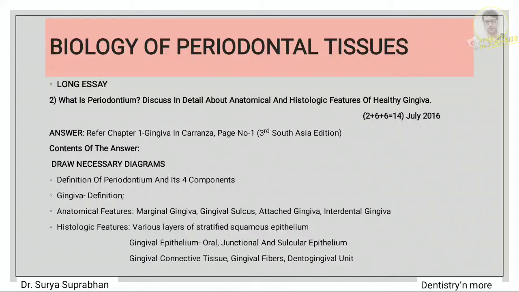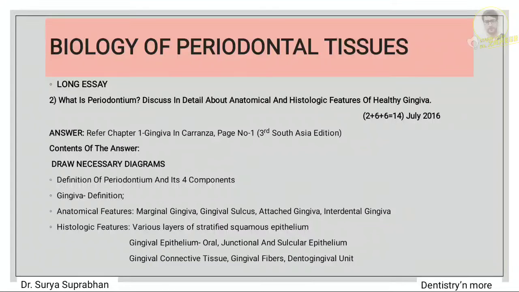Now coming to the second part, that is the histologic features. Histologic features are nothing but the microscopic features of the gingiva. So in this part of the question, you have to add about the various layers of the stratified squamous epithelium, that is the stratum corneum, basal, etc. And then once you have mentioned the 4 layers of the stratified squamous epithelium, you have to mention about the gingival epithelium.